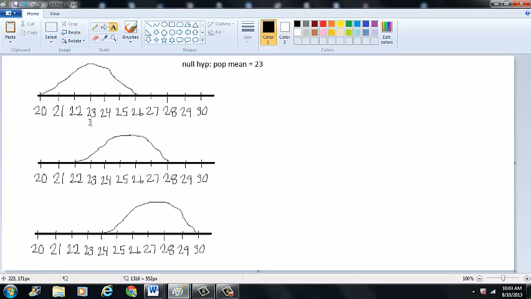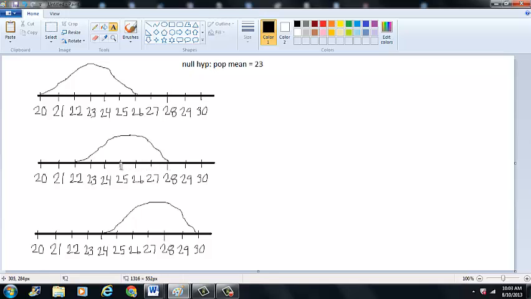What if the population mean doesn't equal 23, and it actually equals something else like 25? If that's true, then the highest peak, the peak of your curve, will be at 25, and the curve will get shorter further away from 25, meaning if the population mean does equal 25, fewer and fewer of the possible samples will give you a mean further away from 25.